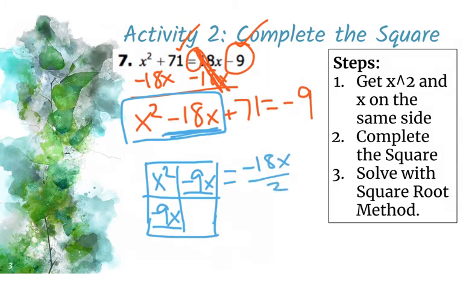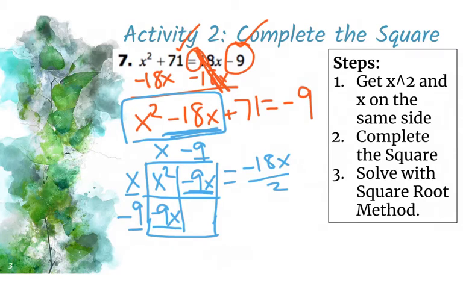Now if I'm looking for factors that would give me a perfect square trinomial, I would have x times x. And here I'd have negative 9, right, because x times negative 9 would give me that negative 9x. And the same thing over here, x minus 9.